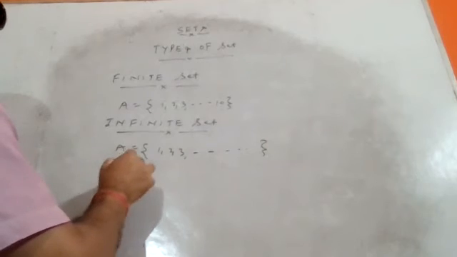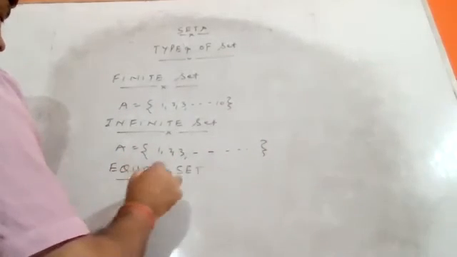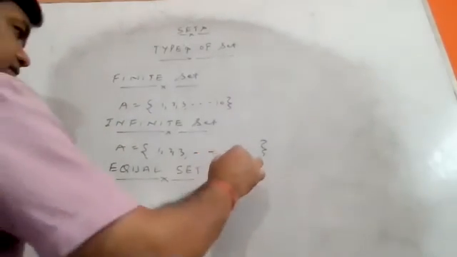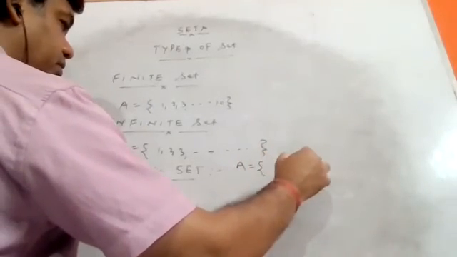Right? Now next one is what? Equal set. What is the meaning of equal set? Let's take an example. Let set A contain elements 1, 2, 3.